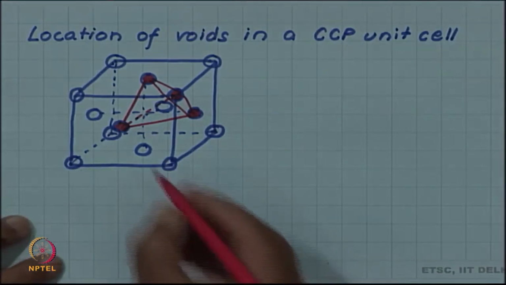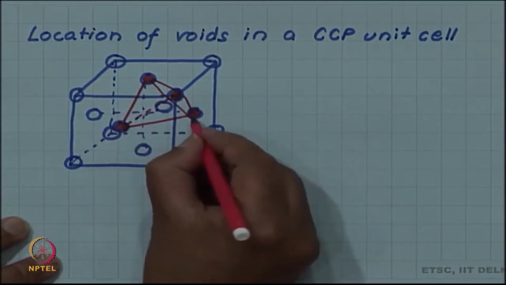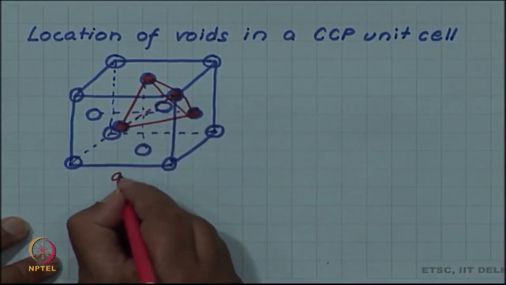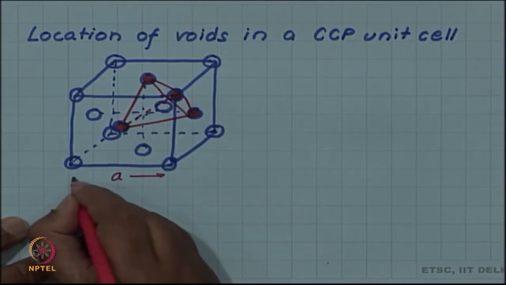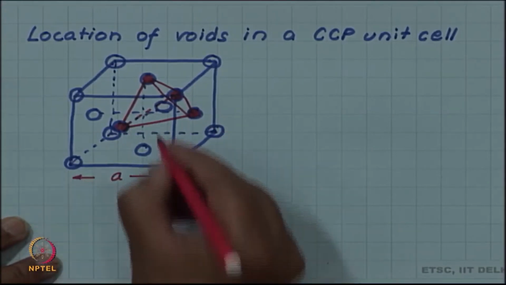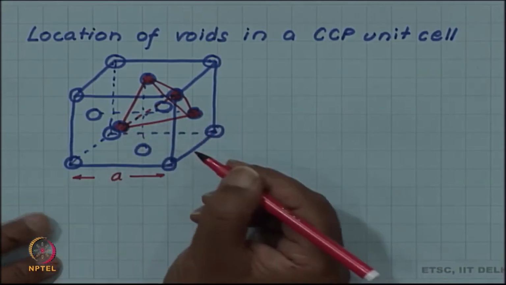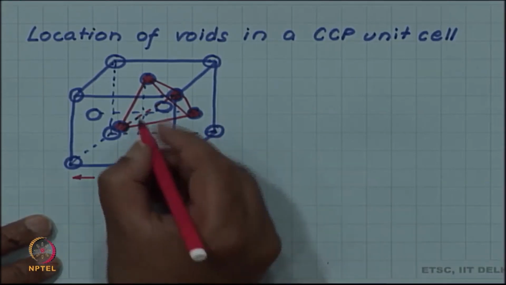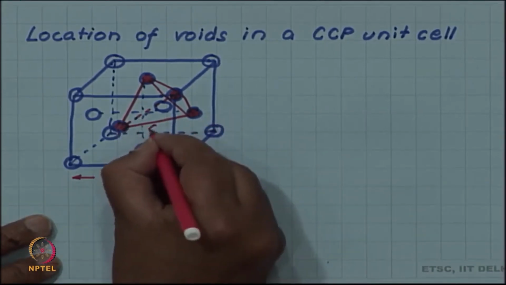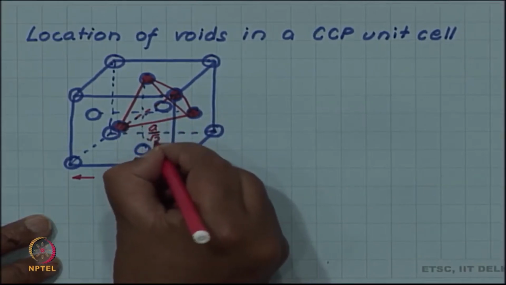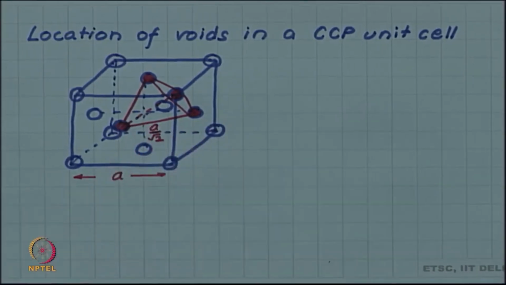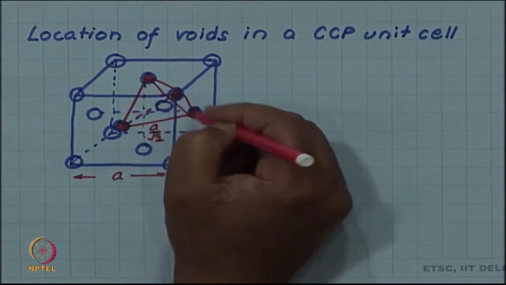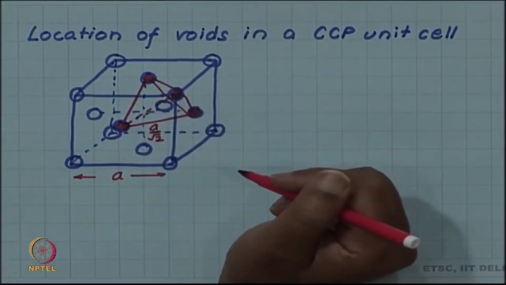Each of these edge lengths you can easily compute in terms of the lattice parameter A. Each of them is equal to half face diagonal, so they are A by root 2. Each face is an equilateral triangle, and that is where you have a tetrahedral void.